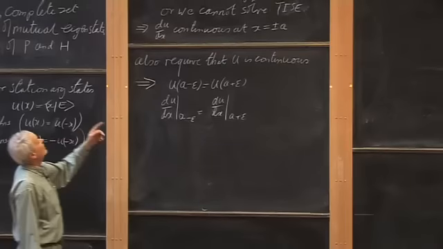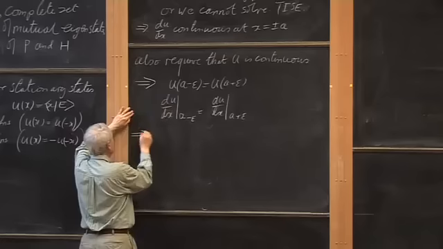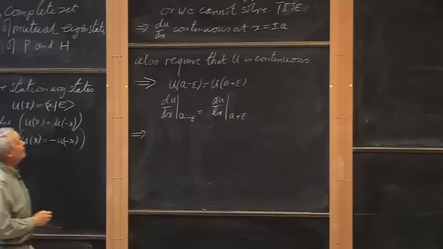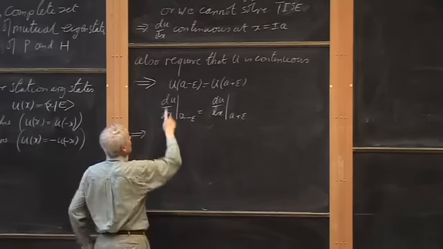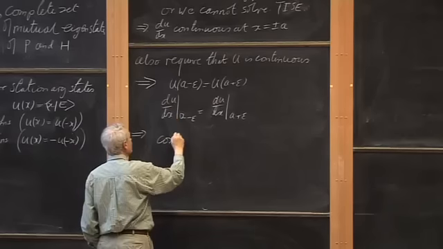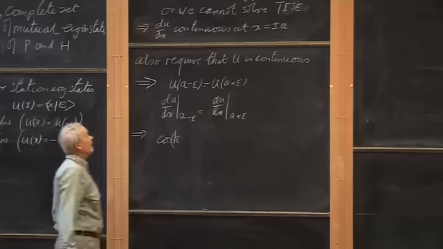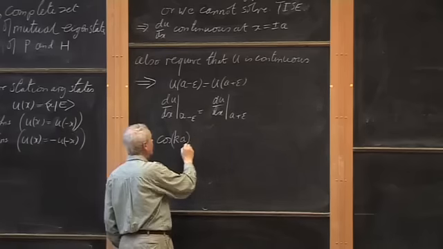That's what we've got to insist on. What does that amount to? If we're just to the left of A, for the even parity solution, we have that U is equal to cos kx, and x is A minus epsilon, but epsilon is as small as we like, so let's just make it equal to cos ka.